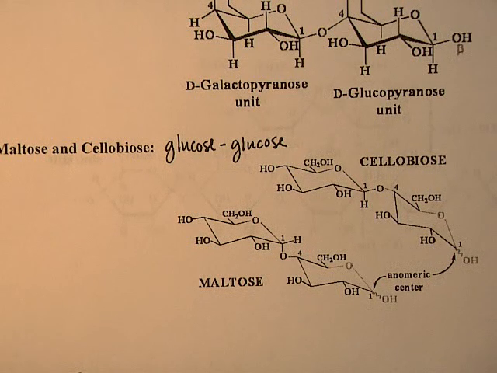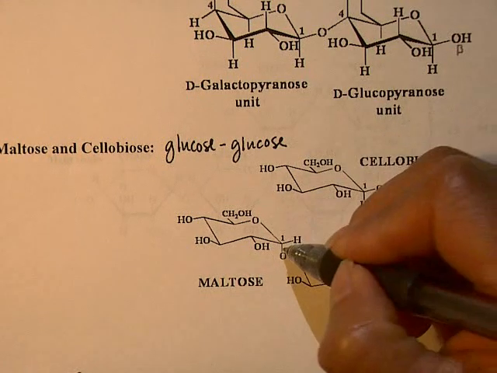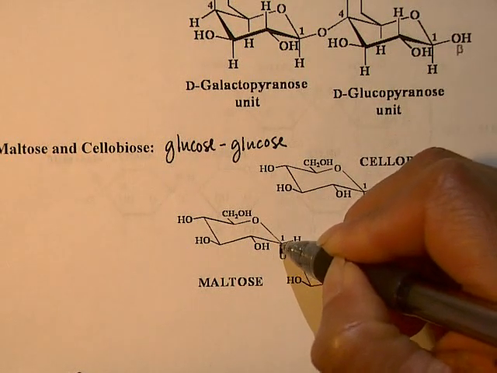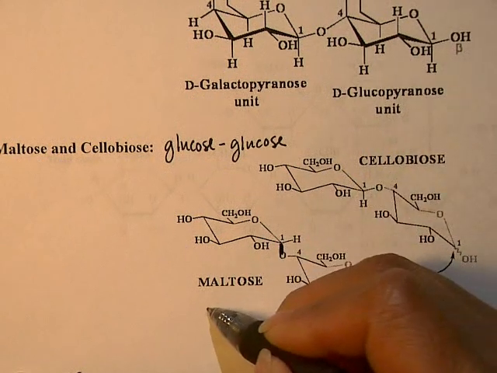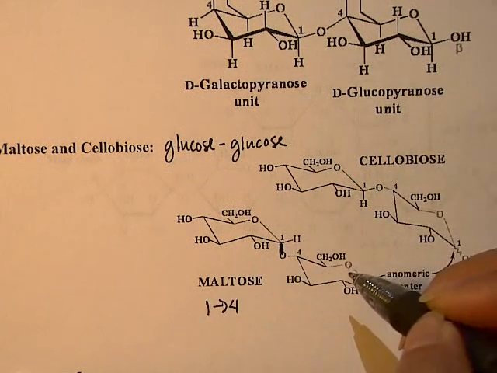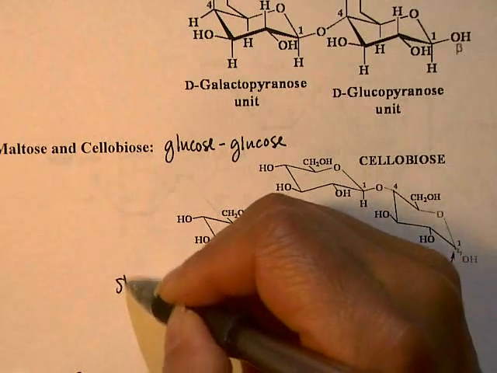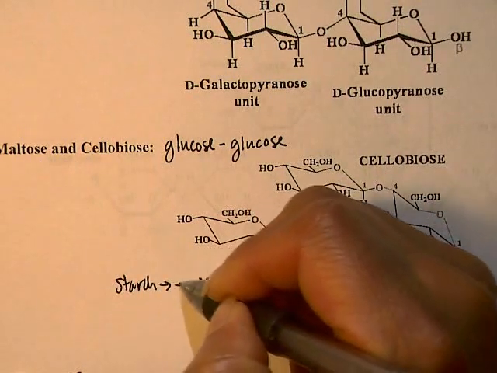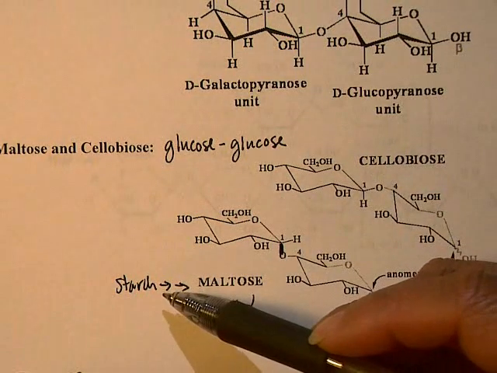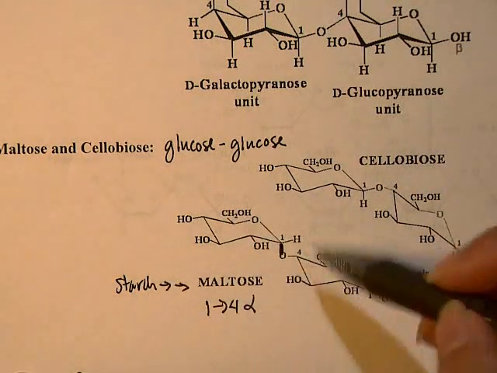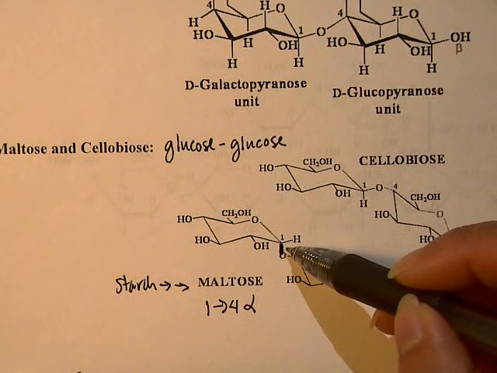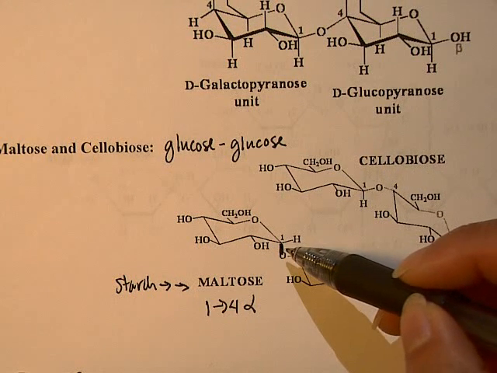Because when you look at those two disaccharides carefully, you should note that in maltose, the glycoside linkage is 1 to 4, as we saw before, an alpha linkage, and so the starch breaks down to maltose because we have an enzyme that is able to recognize the alpha glycoside linkages.